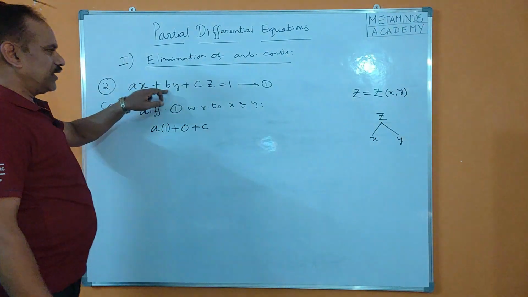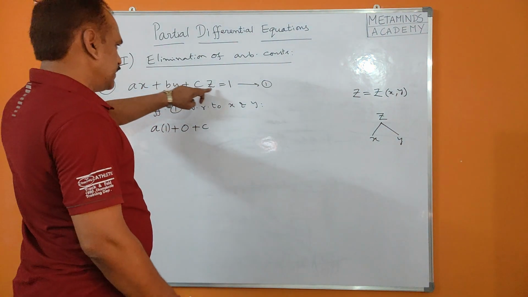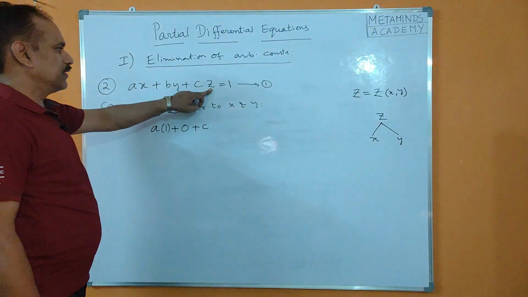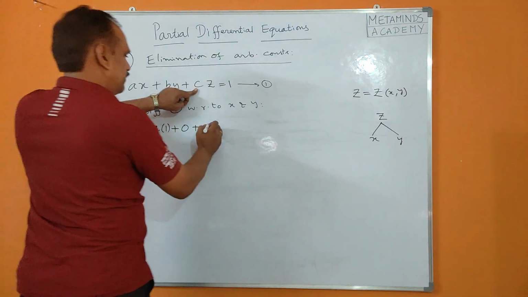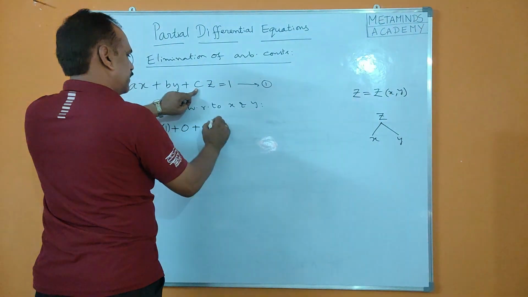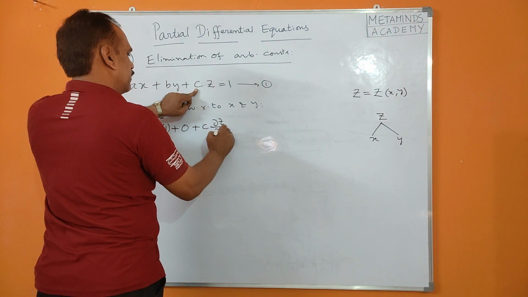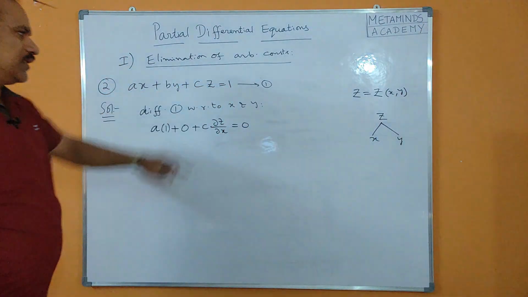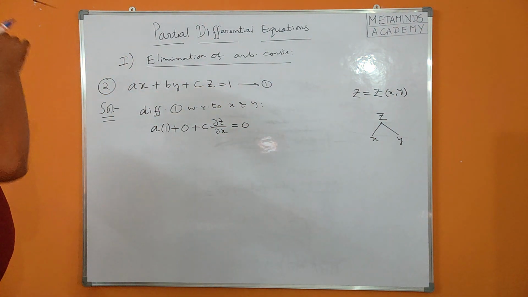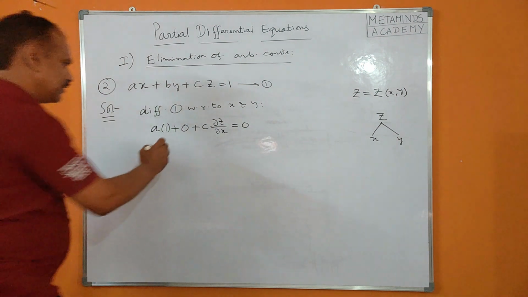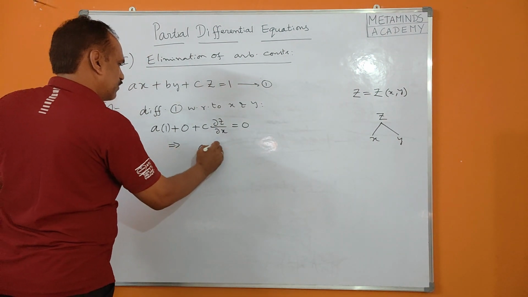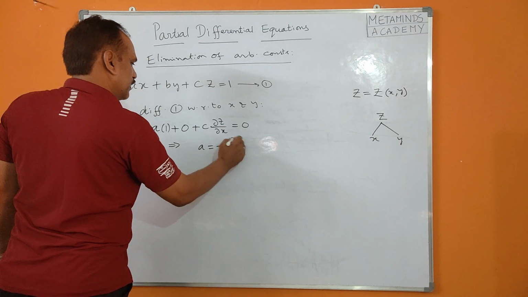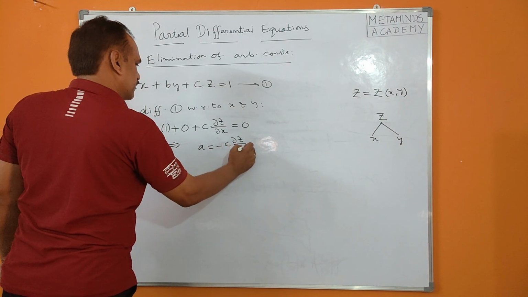See, directly you may not see x here, but z is a function of x, right? Therefore, c into derivative of z with respect to x, dou z by dou x, equal to, there is no variable on the right hand side, it is entirely 0. Constant derivative is 0. It is a equal to minus c dou z by dou x.